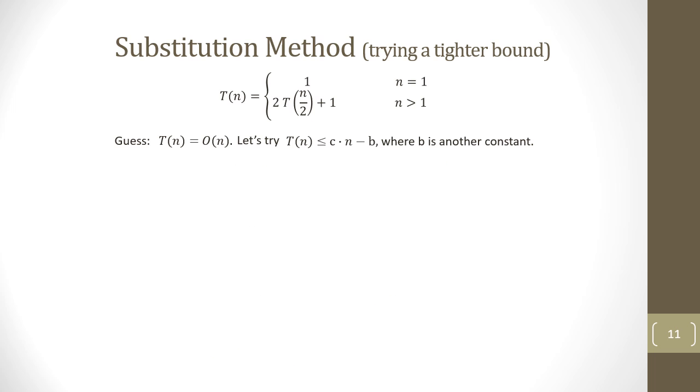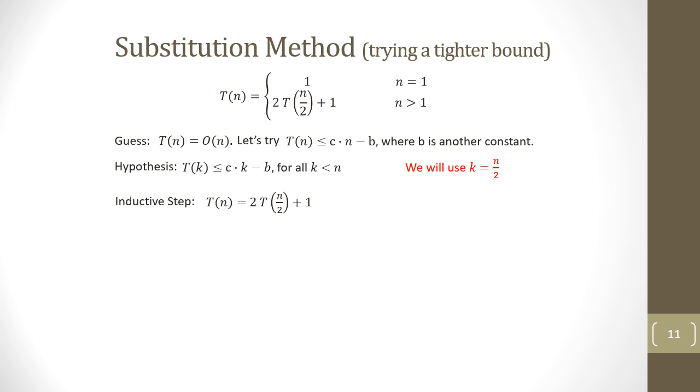So we will keep our guess as n, but we will subtract a lower order term from the guess, b in this case, which is a constant. Our hypothesis will be T of k is less than or equal to ck minus b for all values of k less than n. And we will use k equal to n by 2, which is less than n.